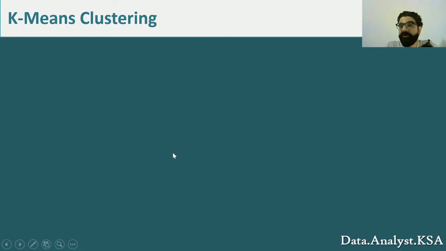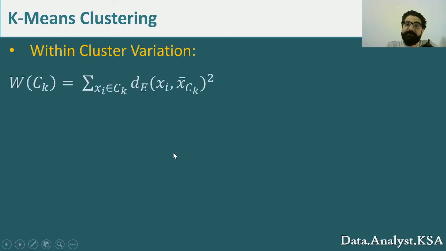To understand the total within cluster variation, we first need to understand the within cluster variation. The variation within a cluster itself is calculated, and then we sum that variation over all the clusters to get the total within cluster variation. When we find the minimum value of this variation, it is our optimal solution for the K-means clustering.